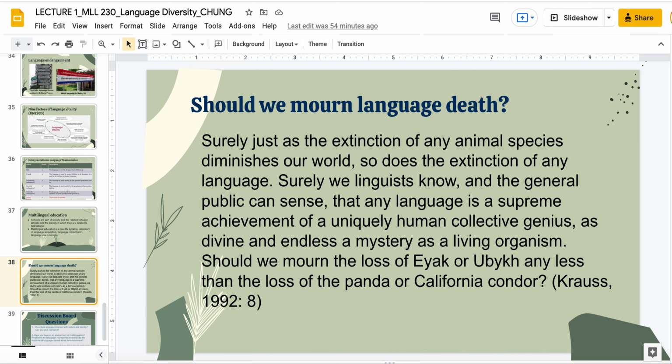So why do we need to have a panda, right? And some people argue pandas are one of a kind. This is the essence of a living creature. And yes, they're cute. So I think that people can make a similar argument about language here, right?